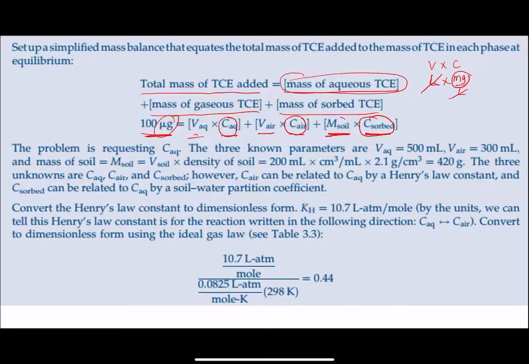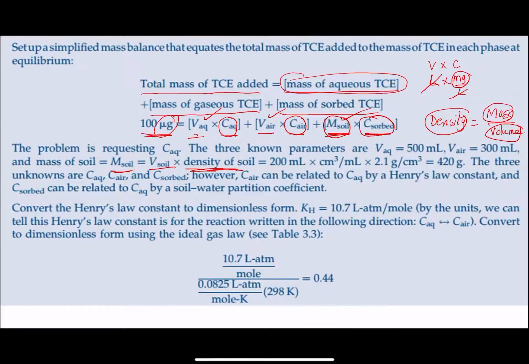Let's look for the mass of soil first. Of course, we know the volume of aqueous and the volume of air. Now we want to find out the mass of the soil. Remember, density is equal to mass over volume, from fluid mechanics. So mass is equal density times volume. Mass of the soil is density of soil times volume of soil.